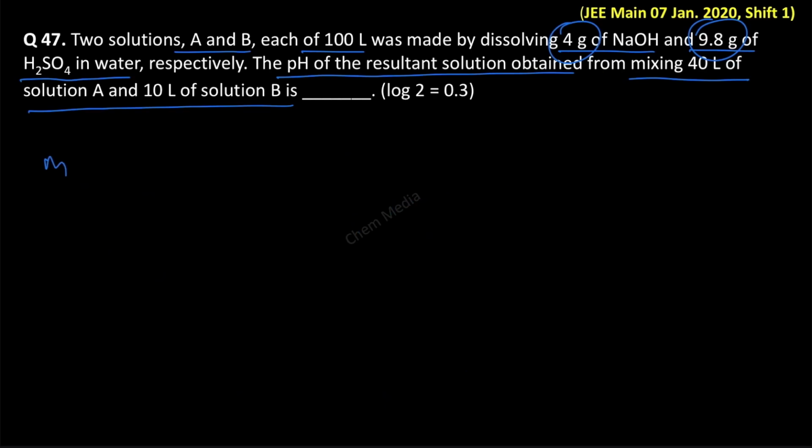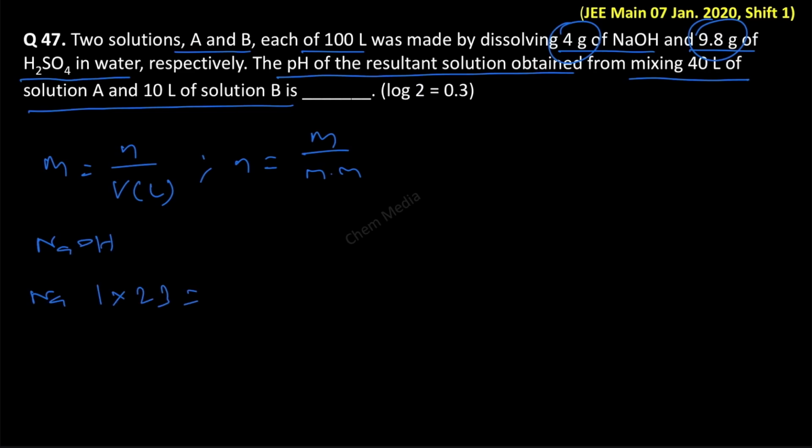We know that molarity is equal to number of moles divided by volume in liters, and number of moles is equal to mass divided by molar mass. Molar mass of NaOH will be 1 times sodium, so 1 times 23, and then 1 times oxygen, 1 times 16, and then 1 times hydrogen, so 1 times 1, that is equal to 1.